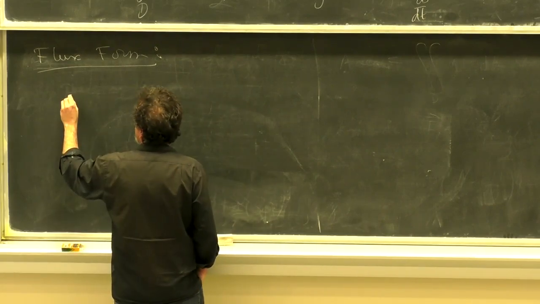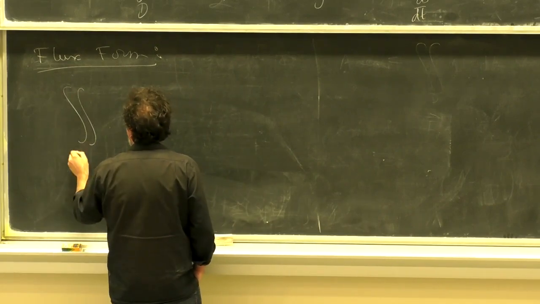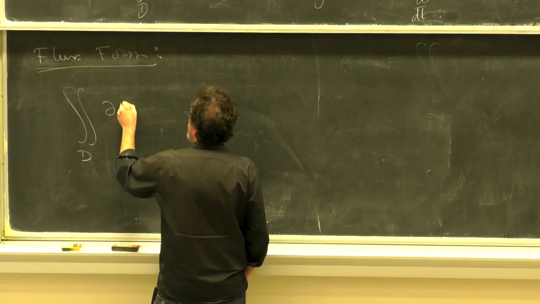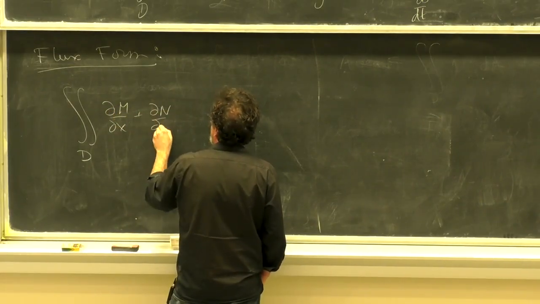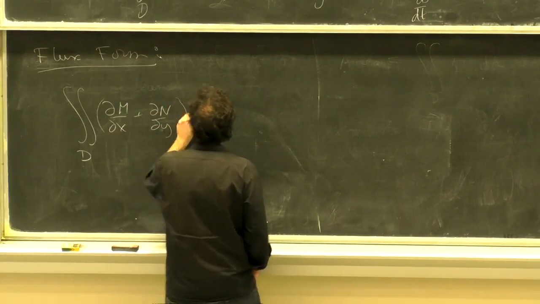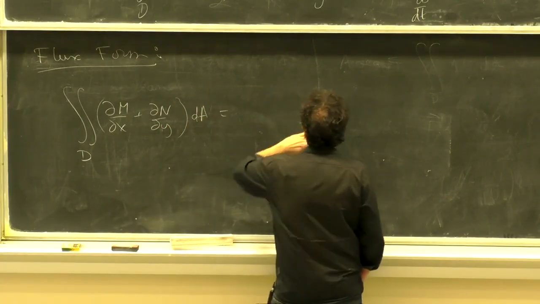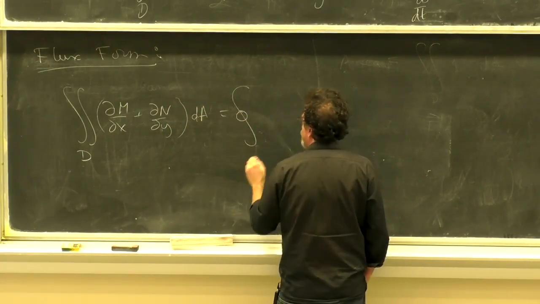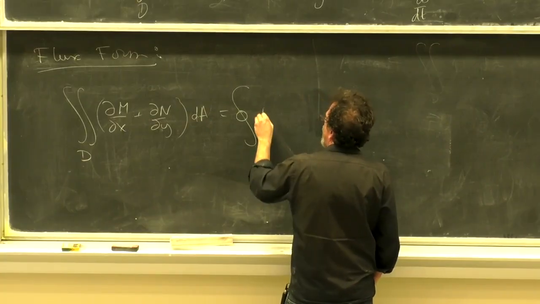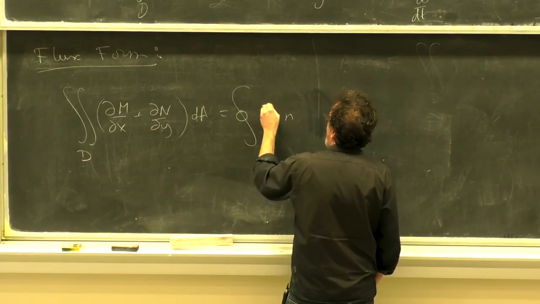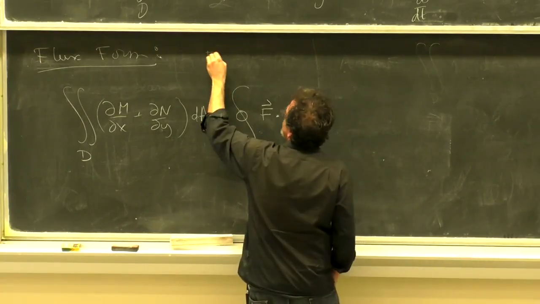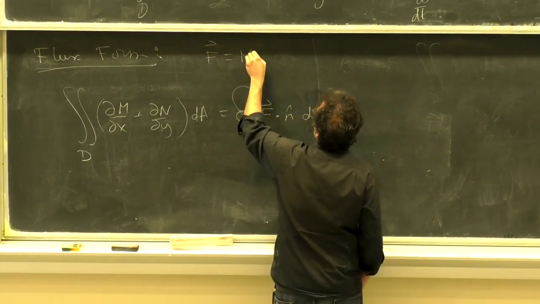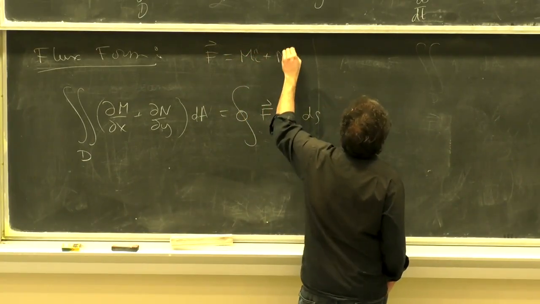The flux form of Green's theorem is the double integral over a domain of dM/dx plus dN/dy dA is equal to the integral over the boundary of that domain of F dot n hat ds. So F in this case is M i hat plus N j hat.